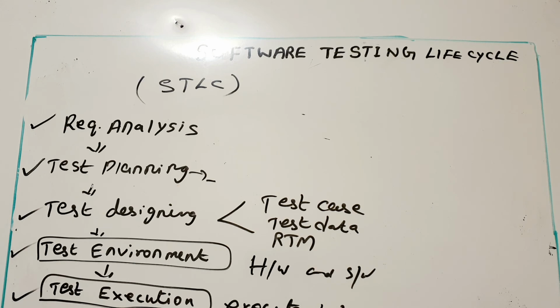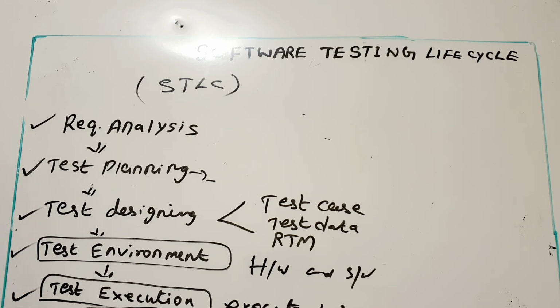And then test completion. Once you finish everything, when all the testing activities are completed, we will release the software to the customer. After releasing the software to the customer, we have a test closure meeting where we write a test completion report, a test progress report.